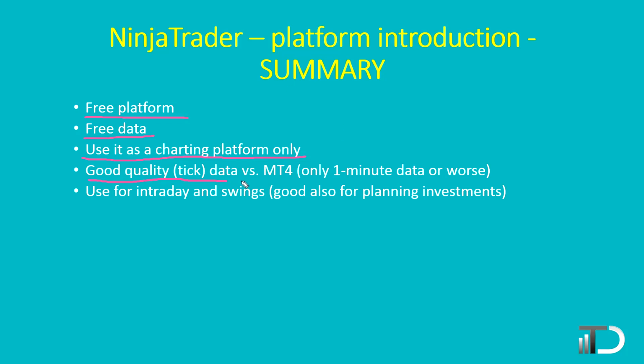NinjaTrader has good quality data. It has the tick data, whereas MetaTrader only has 1 minute data or worse, and the 1 minute data is only limited, so you don't have unlimited history of 1 minute data, you only have a few months of it.